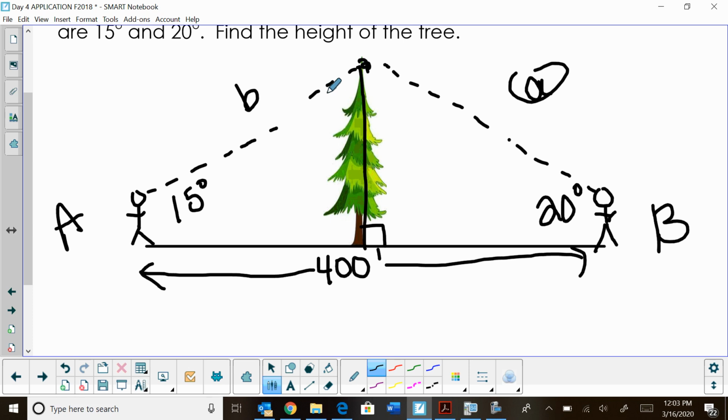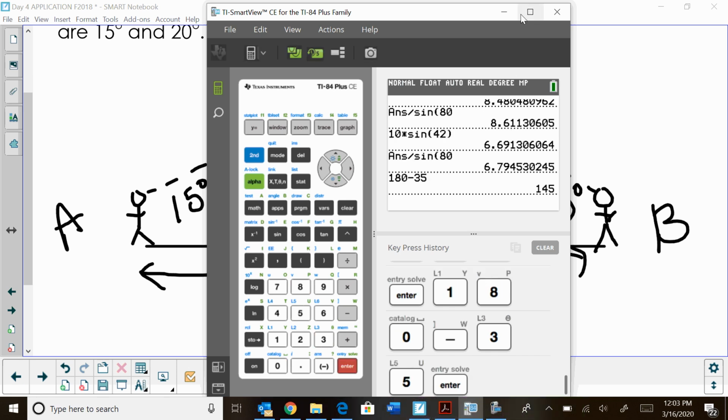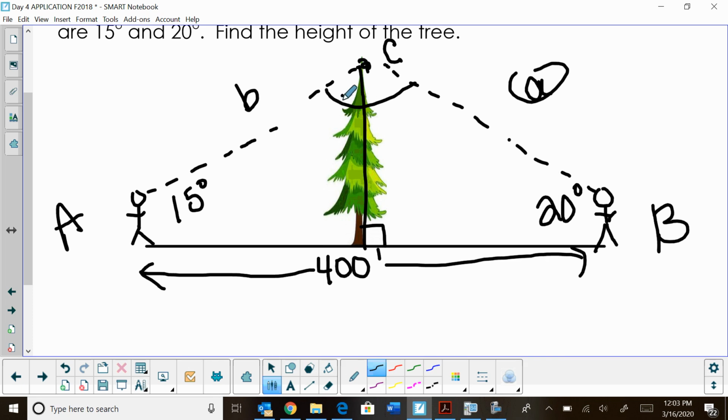Now, in order to solve for it, I need to know what this angle is up here, or what C is. Well, I know this one's 15 and that's 20, so I have 35 degrees already. So 180 minus 35, I'm doing this just so I don't make any silly mistakes, is 145.